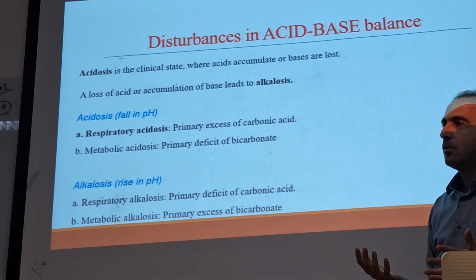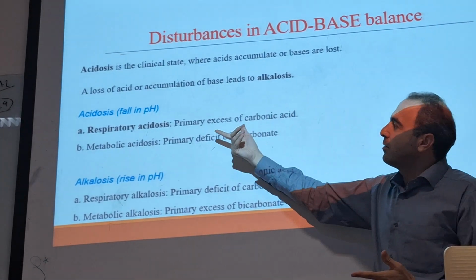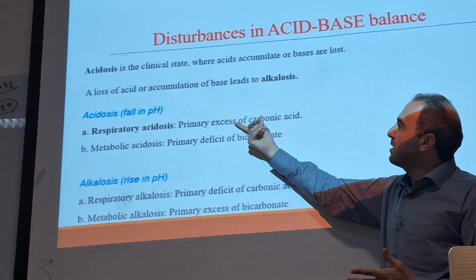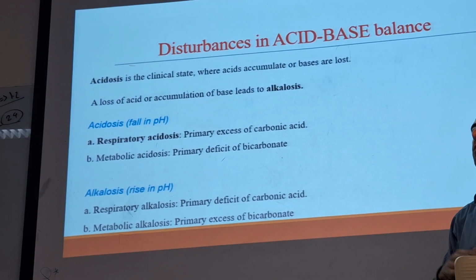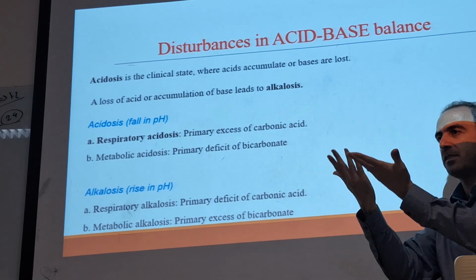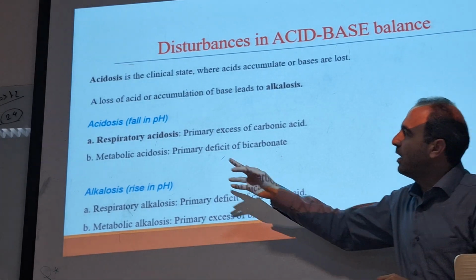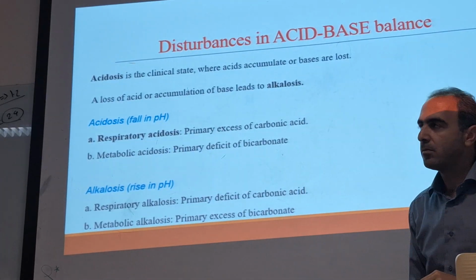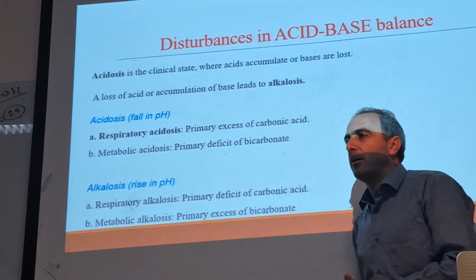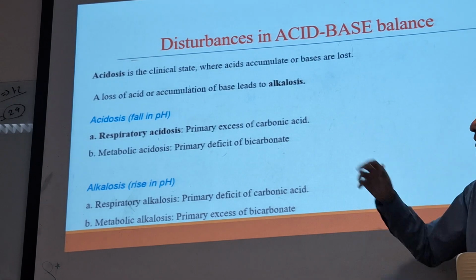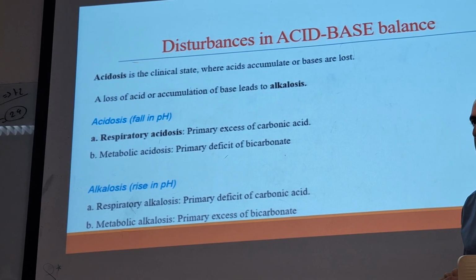As you learned, in respiratory acidosis we have an excess of carbonic acid. It means CO2 is increasing in our body. We can't excrete CO2. In metabolic acidosis, we have a deficiency in bicarbonate. And vice versa for alkalosis.